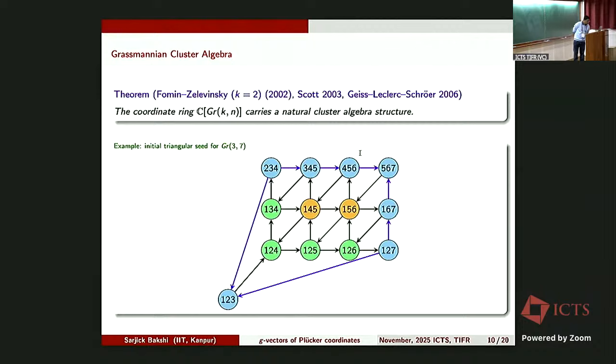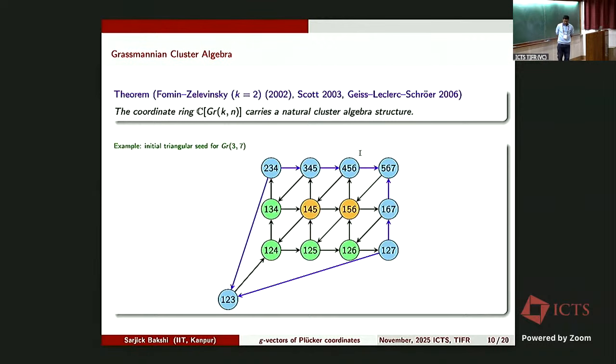There are a few observations: not all Plücker coordinates have appeared in this seed, and there are more Plücker coordinates than what has appeared here. So the question we are interested in is, what are the G vectors of these Plücker coordinates?